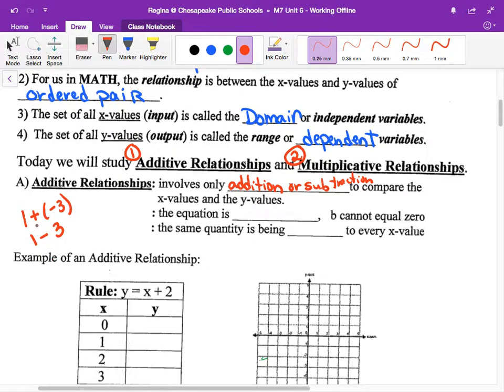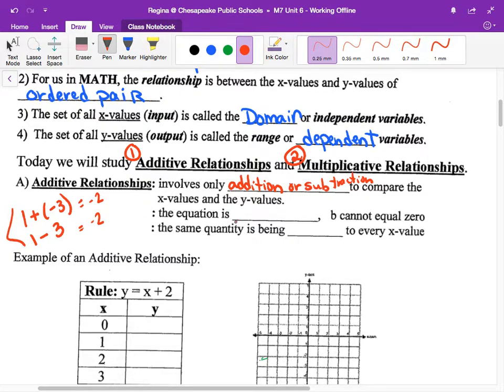So every addition problem can be written as a subtraction problem, and we get the same answer, and every subtraction problem can be changed into an addition problem by adding the opposite. So adding and subtraction go together, but they just call it an additive relationship, because they're both the same. Adding -3 and just minusing 3 is the same thing.